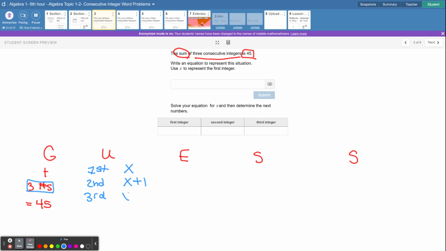Our third number, you're always going to have to add 2 to that x. Now we're going to combine like terms. How many total x's do we have? If you count them up, x plus x plus x will get us 3x. Now you have to count up the 2 and the 1. 2 plus 1 is also going to get us 3.